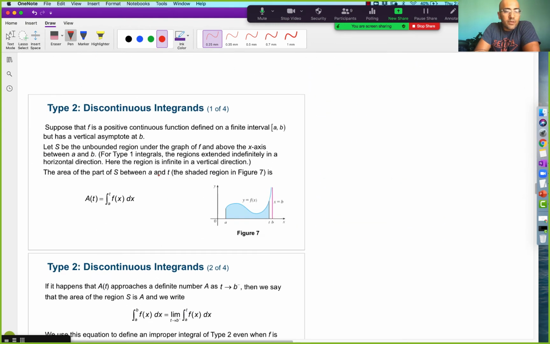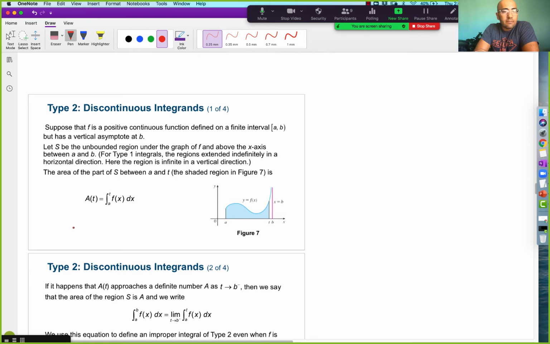The other case we're going to run into is cases where there's a vertical asymptote for our function. So suppose f is a positive continuous function defined on a finite interval from a to b, inclusive of a but not b, but has a vertical asymptote at b.